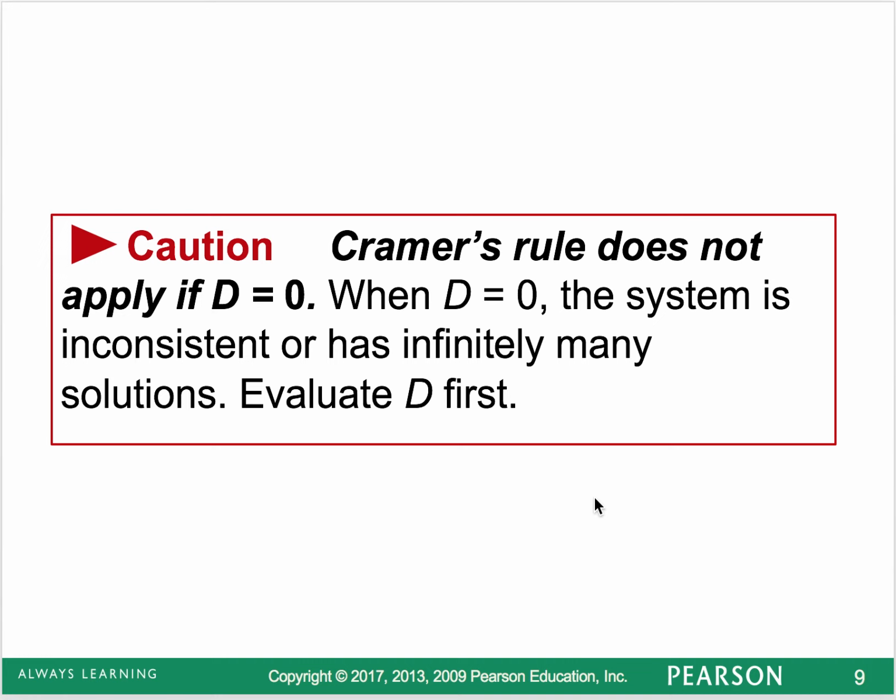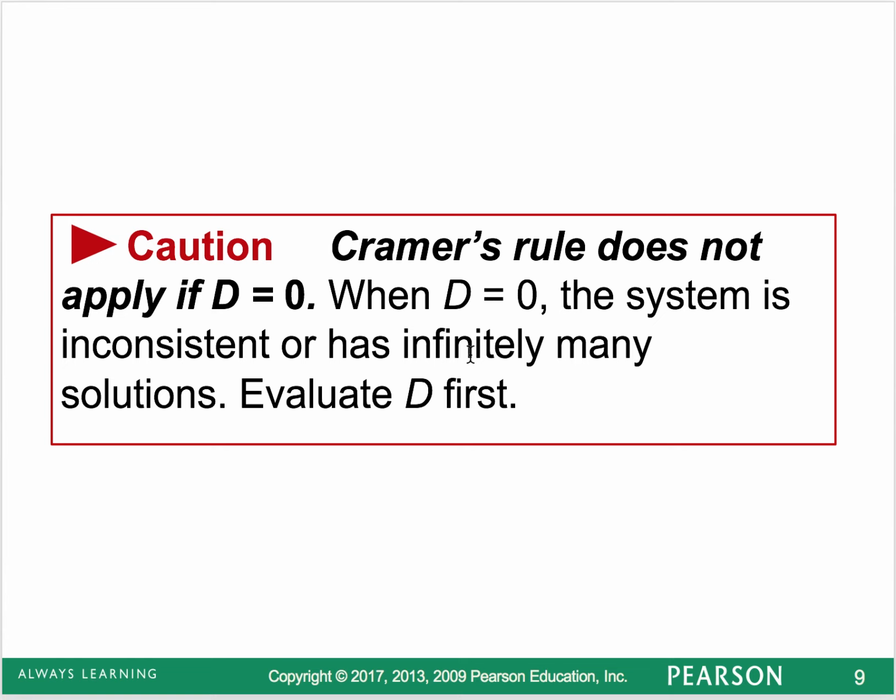Here's a caution. Cramer's rule does not apply if the determinant of your matrix D equals 0. If the determinant of matrix D equals 0, and really they should have vertical bars around that saying the determinant of D equals 0, then the system is inconsistent or has infinitely many solutions.